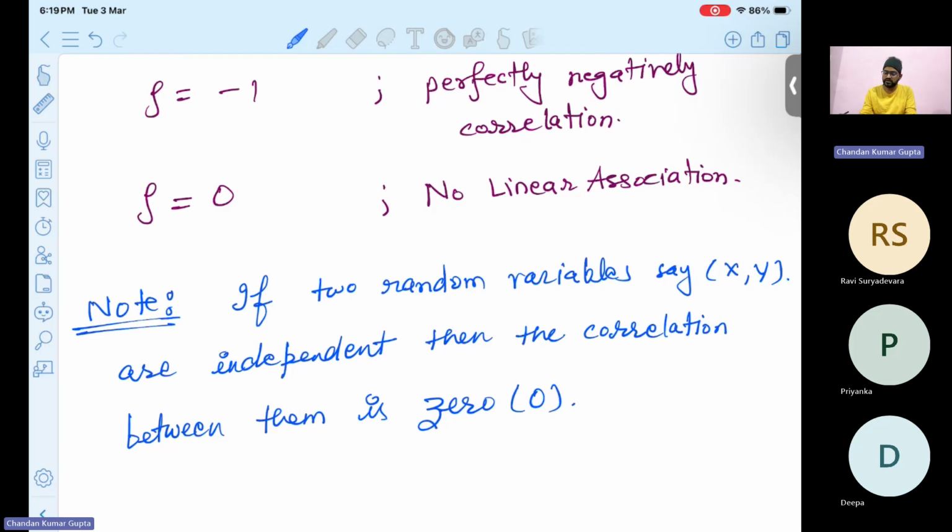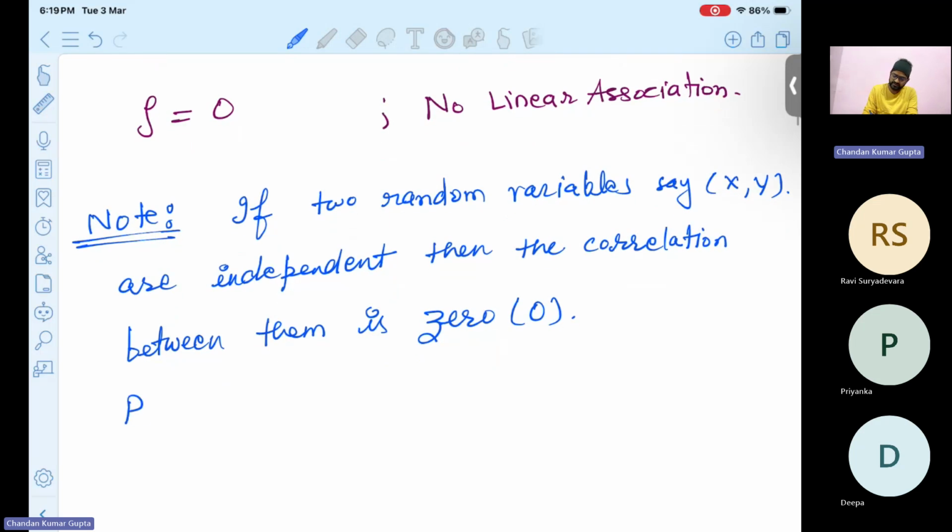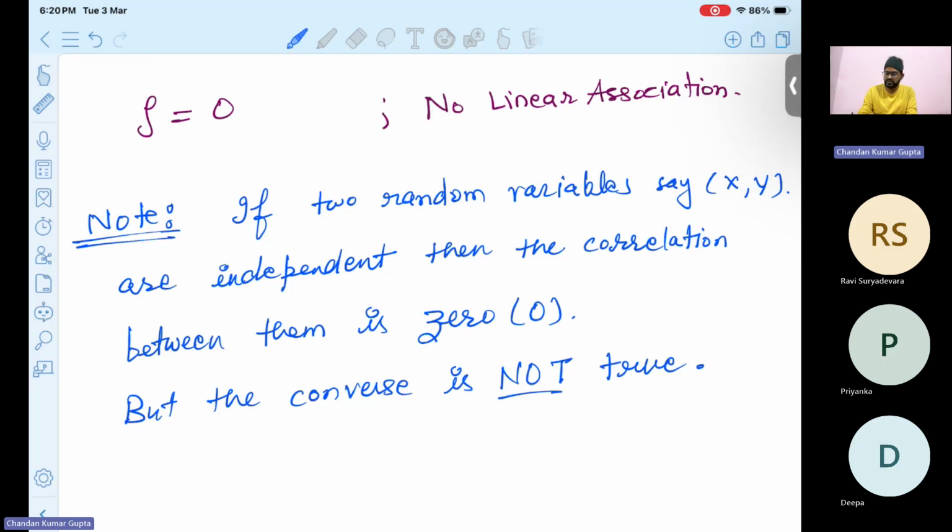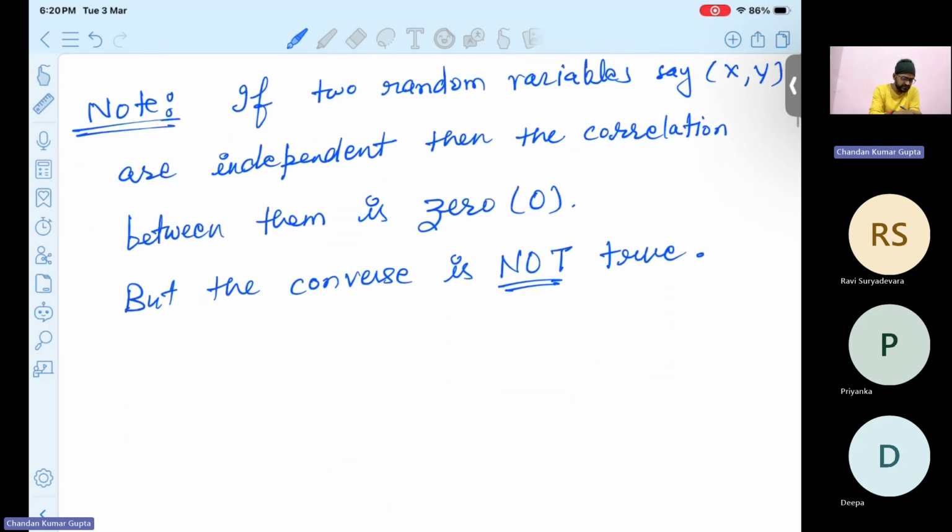When two random variables are independent, then the correlation is 0. But the converse is not true. So when the correlation comes out to be 0, that doesn't mean the variables are independent. This is one of the notes that we may use in numericals. So we have correlation here.